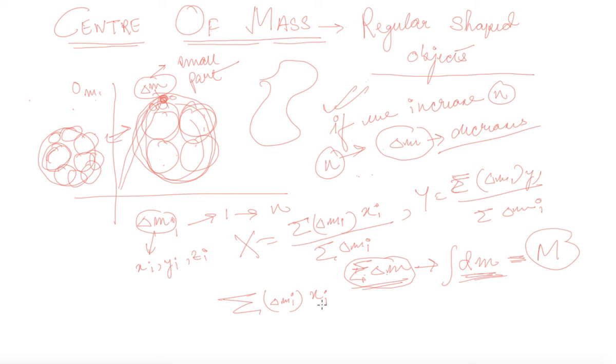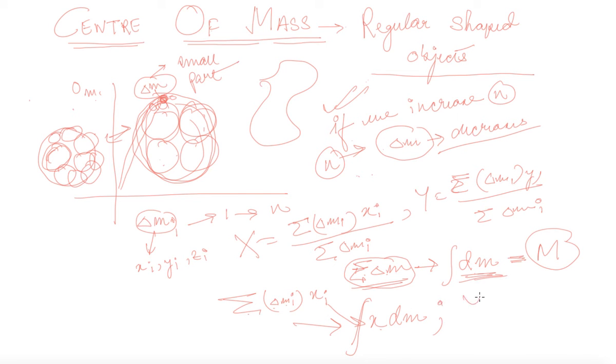So we can modify this formula in such a way that the summation of del m xi can be converted into x dm. This whole summation can be expressed as the integration of x dm.